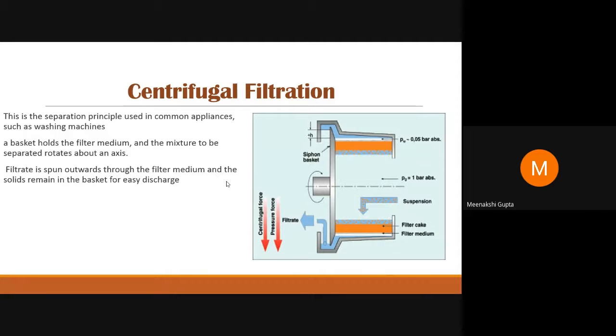The whole basket rotates, and the filtrate passes through the filter media, whereas the solid gets deposited over the filter media. In this diagram we can see it is a continuous process, because simultaneously water is removed from the basket.